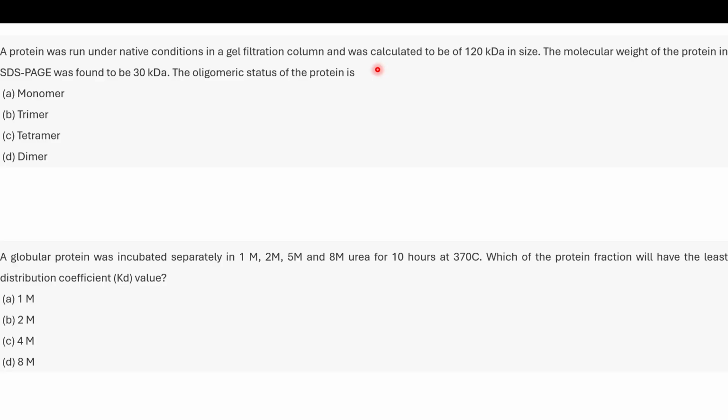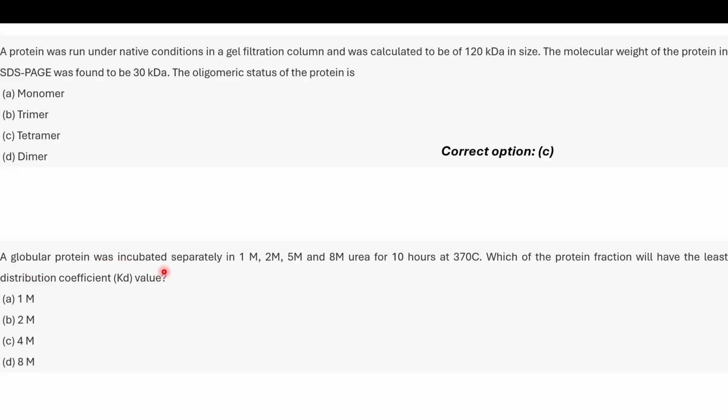However, in native conditions, the protein is oligomerizing to form a 120 kDa moiety. So the oligomeric status of the protein will be 120 by 30, which is a tetrameric form, or it has 4 subunits attaching to form a tetramer.